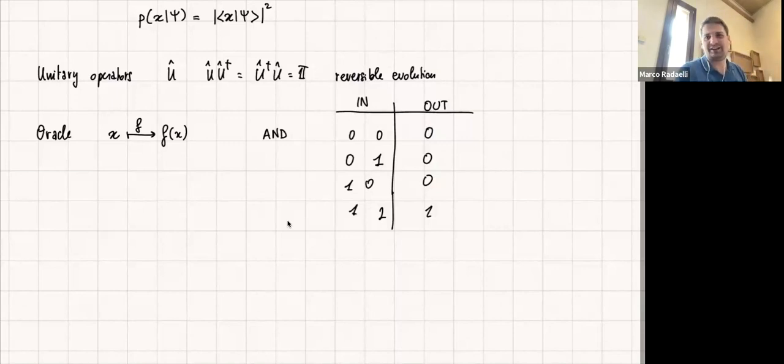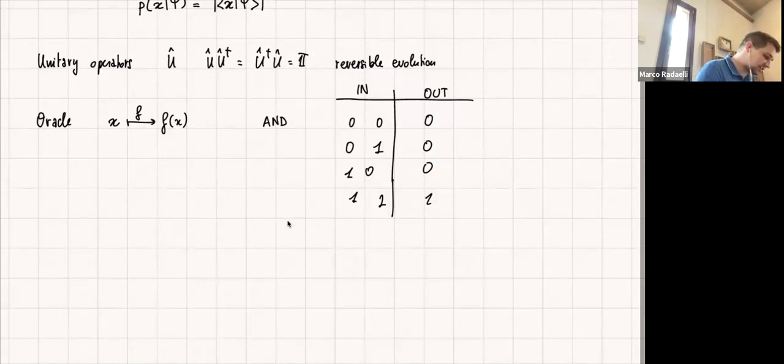Now, this is tricky to do on a quantum computer because everything we want to do, except for the measurement at the end, needs to be reversible or unitary. This means that we have to find a way to reversibly implement a function. The way is what's usually called the oracle.